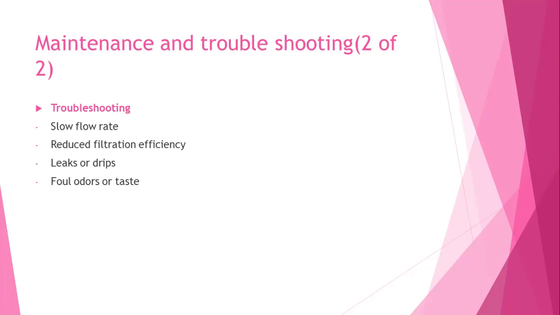Leaks or drips will expose the filter system to microbes; microbes can easily gain access into it. Foul odor or taste is an indication that microbes have probably formed or clogged on the filter medium, and as a result, their metabolic waste is probably what you are getting inside your filtered water. Next slide.